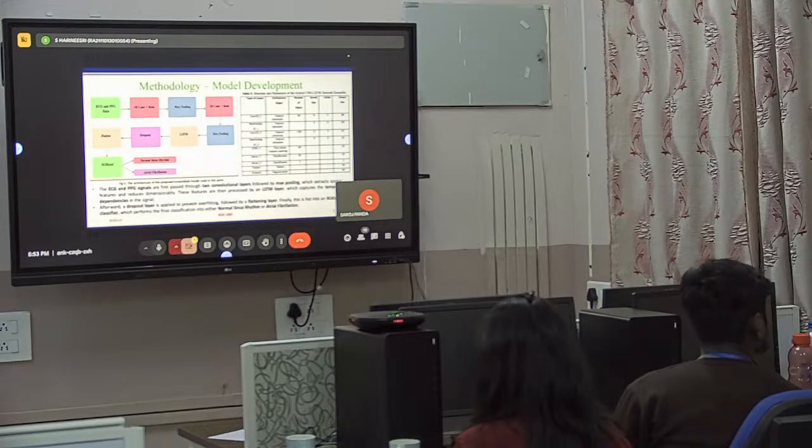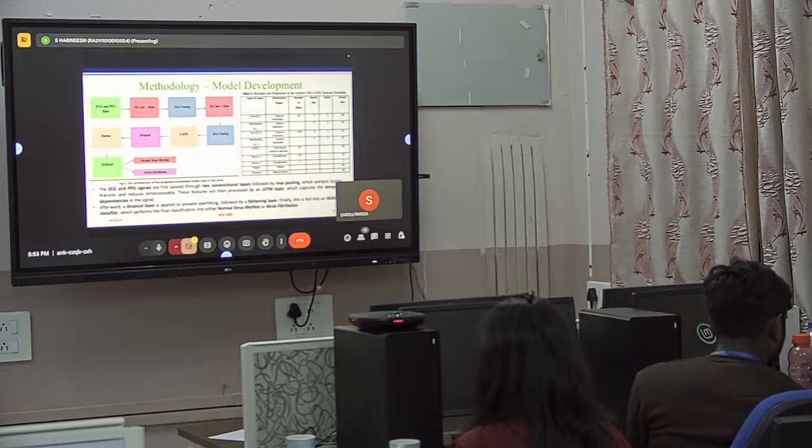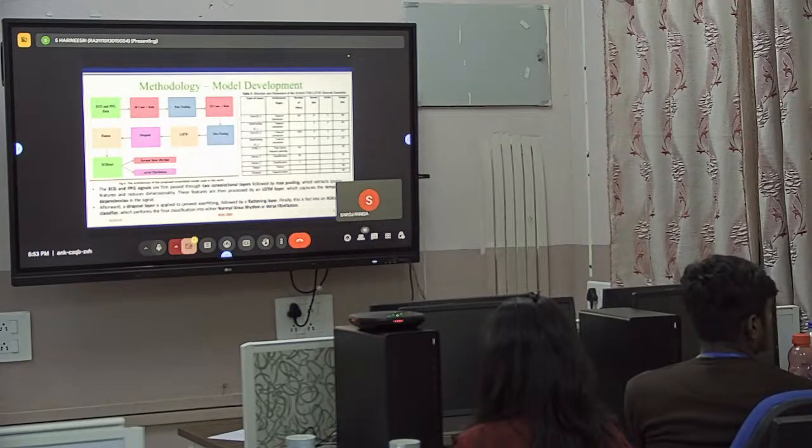So, model development. We initially give the ECG and PPG data, which is the input data, to the 1D convolution layer, which has a ReLU activation layer. There are alternating 1D convolution and max pooling layers. 1D convolution basically performs the convolution process between the input and the filter, and max pooling reduces the dimensionality.